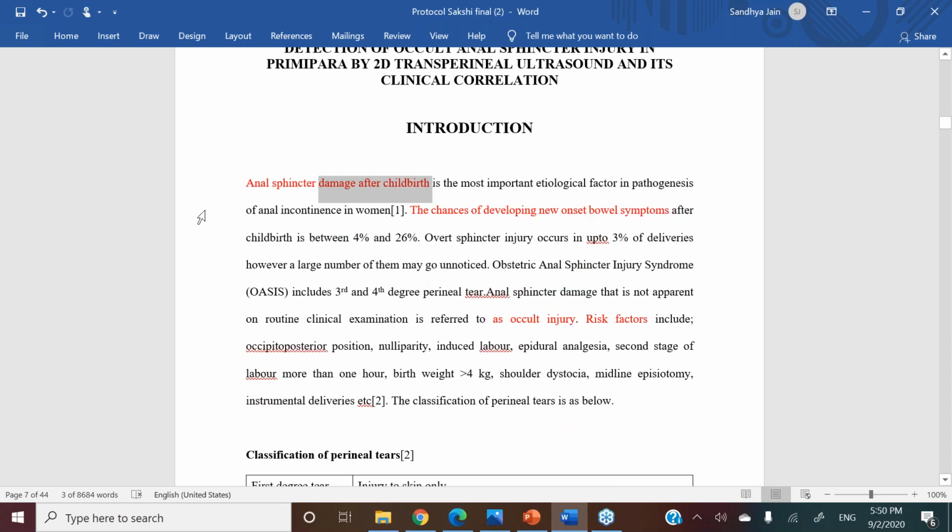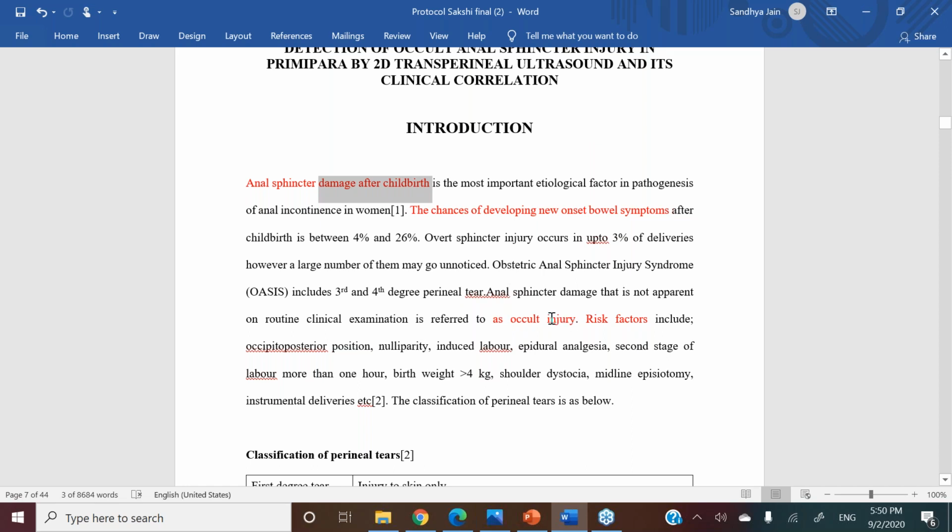So introduction. I started with sphincter damage. Anal sphincter damage after childbirth is an important etiological factor for anal incontinence. Then I talked about incidence and the chances of developing new onset bowel symptoms after childbirth. And then I defined what is occult injury, because I've used that in my title.